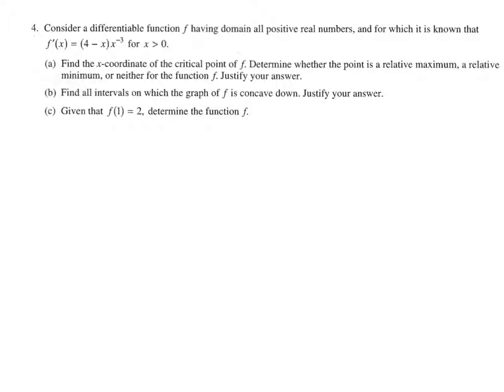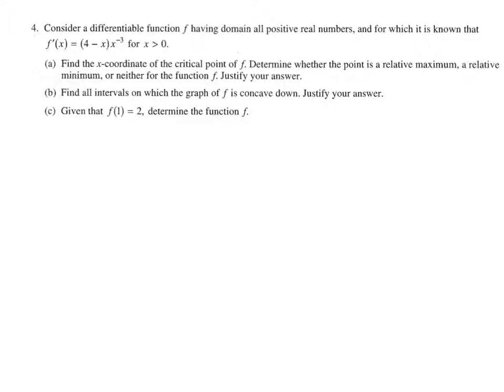And the last one, they want you to determine the function f. You're told f of 1 is 2, so there's your initial condition that can identify c. On this problem, the mistake that people often make is asking, how am I going to integrate this? Basically, there is no power on the 4 minus x, so you can distribute that x to the negative 3 power inside there.